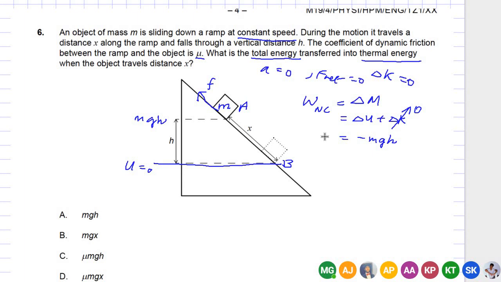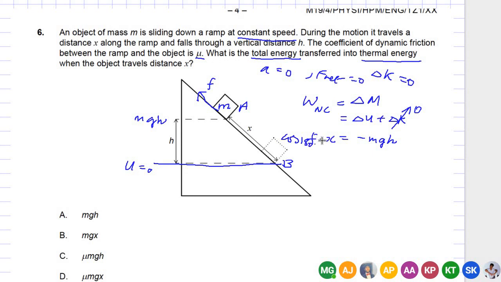So this will be the work done by the non-conservative force, which is the dot product of friction and displacement x. So the magnitude of the friction force, if you take it to be F, dot displacement vector, into cos theta, which is cos 180 degrees.